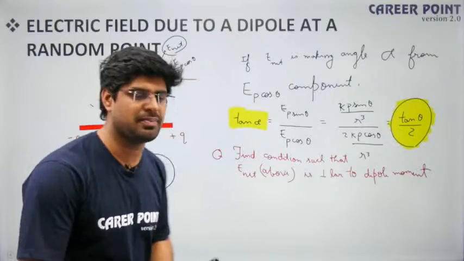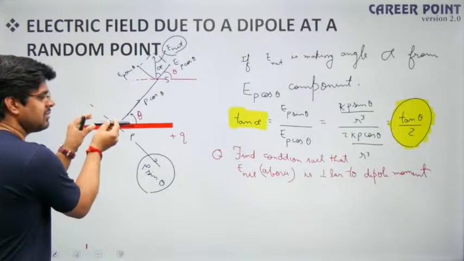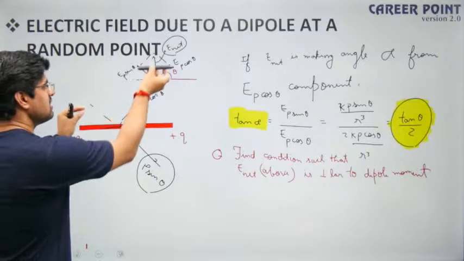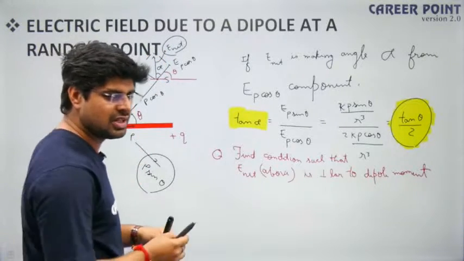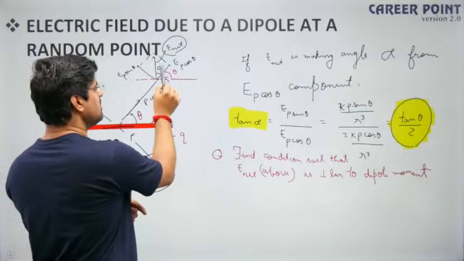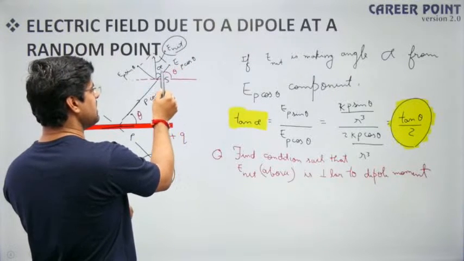What is the direction of dipole moment? Direction of dipole moment is horizontal. See, like this. Now I am trying to find the condition such that this E net is exactly perpendicular to this horizontal direction. How is it possible? We know that the angle made from horizontal by this E net is given by theta plus alpha.